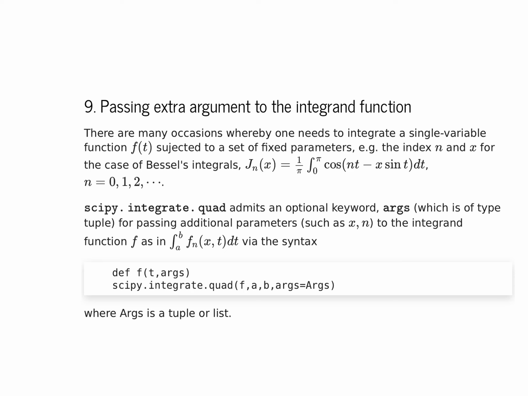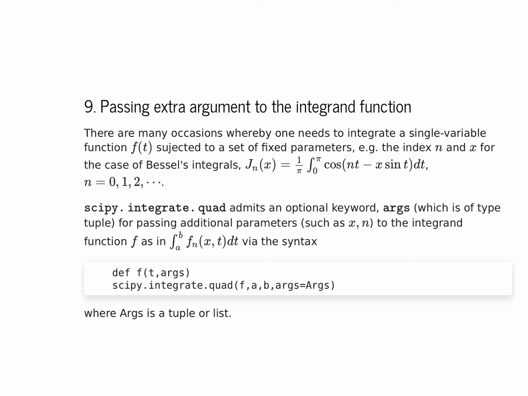The scipy.integrate.quad function is designed to handle such cases. It has an optional keyword argument named args. You can use this args keyword to pass a tuple of these additional parameters to your integrand function.